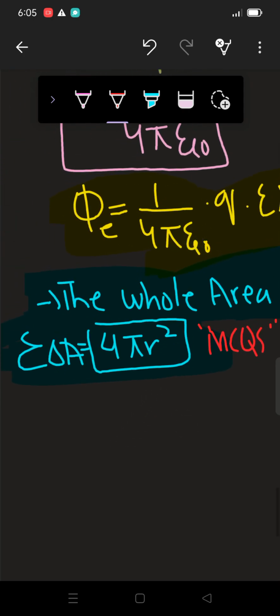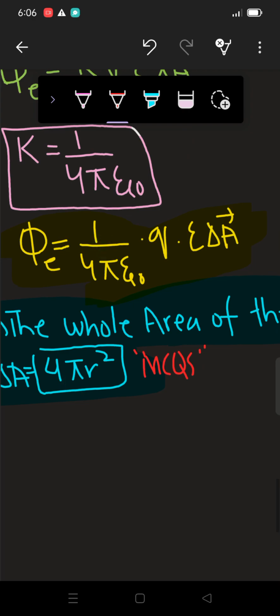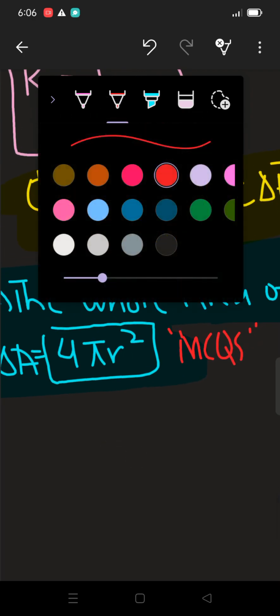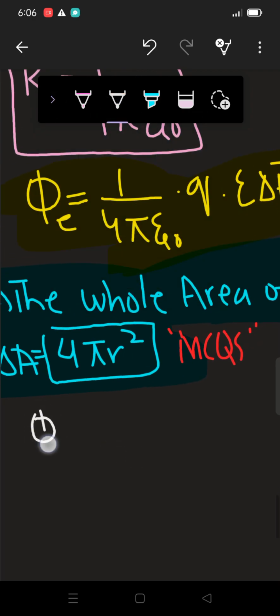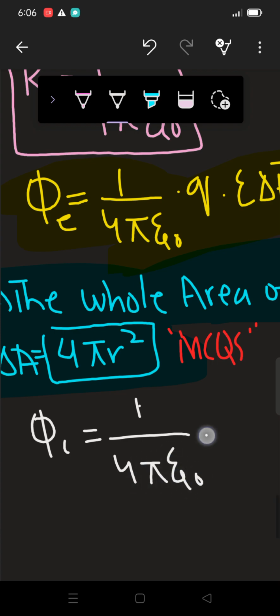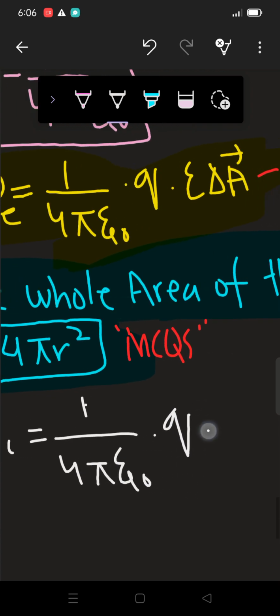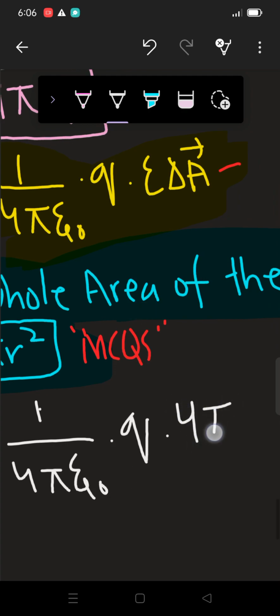Now substituting the value of del A in this formula, let's write phi is equal to 1 upon 4 pi epsilon naught, times q, times 4 pi r square.